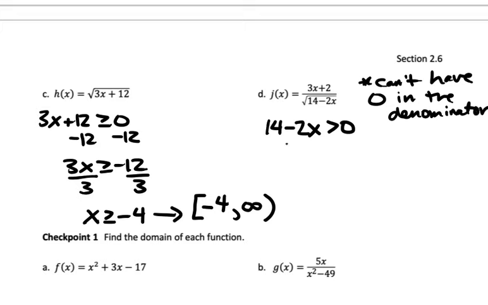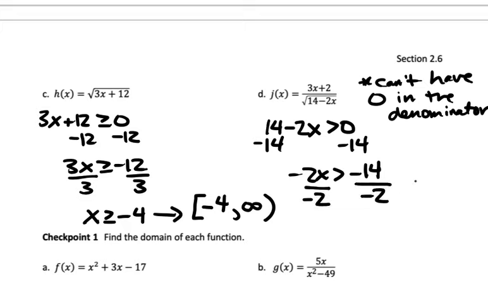So, solving this inequality, I would subtract 14 from both sides. Now, there's a rule here that I'm going to have to use that you may remember, and it's that when you divide by a negative, the inequality needs to flip. So since I'm dividing by -2, this is going to flip to less than. -14 divided by -2 is going to be +7.